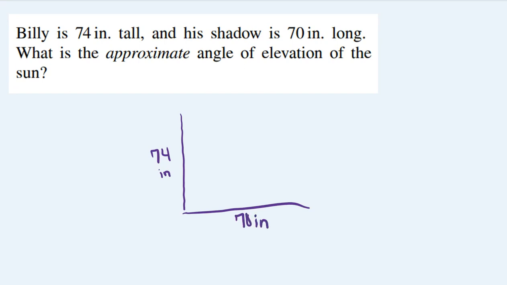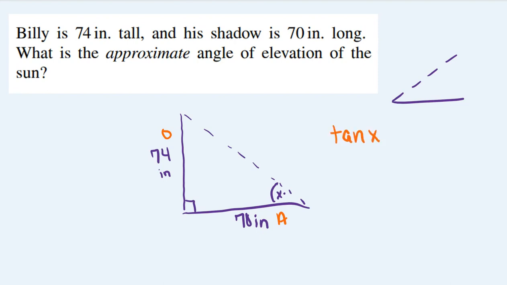And it says, what is the approximate angle of elevation of the sun? When you're trying to find the angle of elevation, you look horizontal and then up. The horizontal is his shadow, and if we look up to the top of his height, that would be our angle of elevation. So the 74 would be opposite and the 70 would be your adjacent, which means in this case you're using tangent.